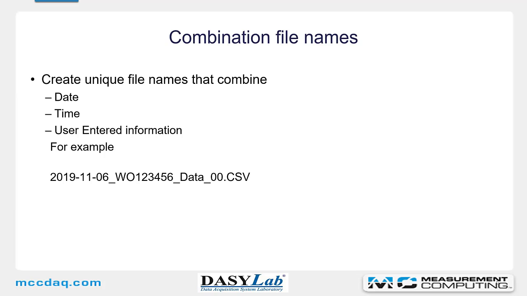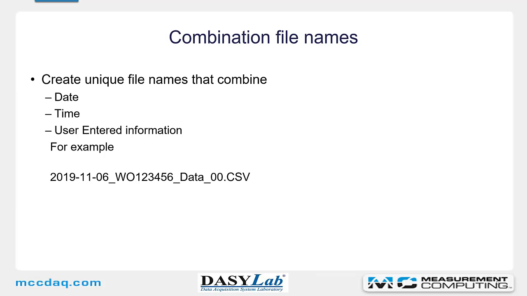Now let's take this information that we've learned and apply some of it to the Write Data module. I want to use combination file names where you can create a unique file name that combines the date, the time, user entered information.